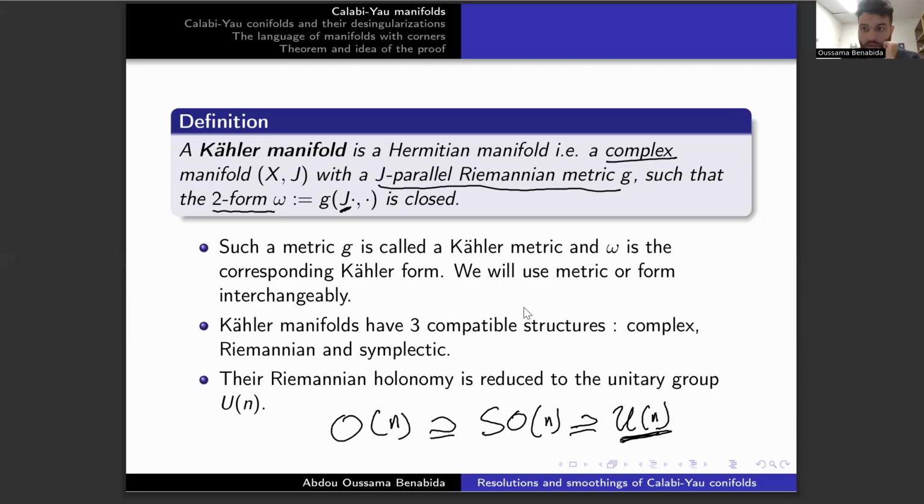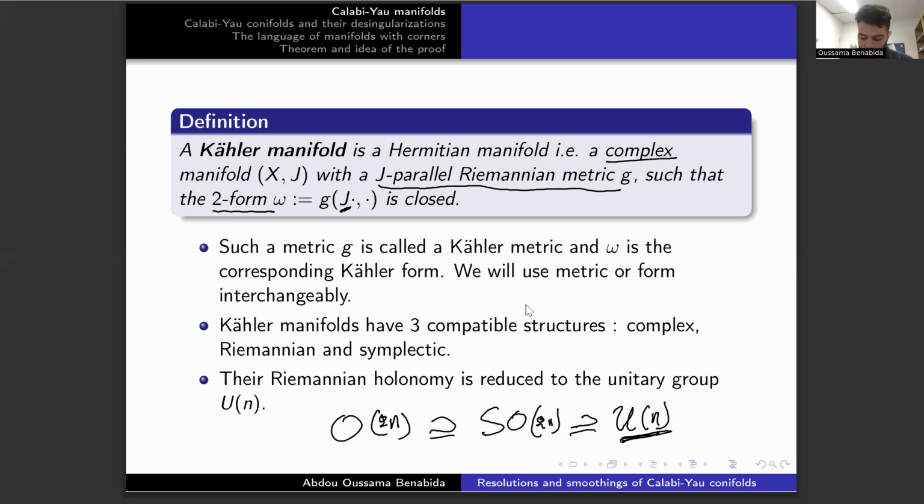And next, okay, sorry, Oussama, you mean half of n, yeah? Yeah. Sorry. So yeah, I mean 2n, yes. Or 2n here, yes. So, n to n, yes, because we're considering even dimension.